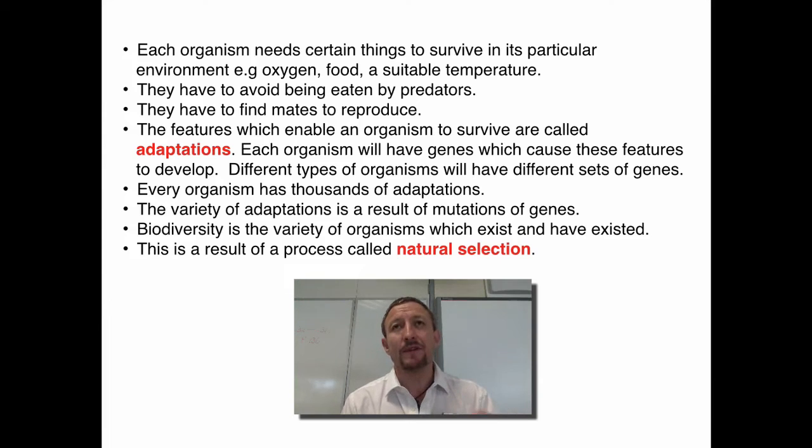Now, obviously, in order for the characteristics to be passed on, you have to have an organism which is going to be able to reproduce and reproduce successfully. So there's another catch in there. Each organism must find a mate. If you find a mate and you successfully reproduce, there's a good chance of those characteristics being passed on.